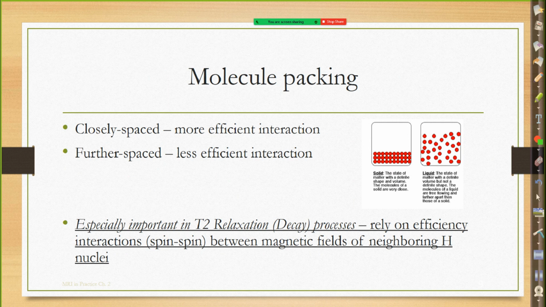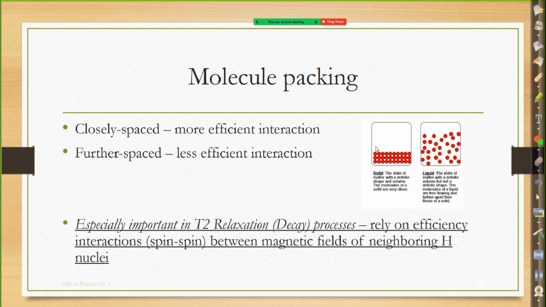All right, the next one, molecular packing. So think of two different types of molecules. Think of, we have a beaker here, and we just remove fat from a person and then just drop it into a beaker. It's just going to be this globule, right? It's going to be very closely packed. And so the neighboring spins are going to be very close to each other.